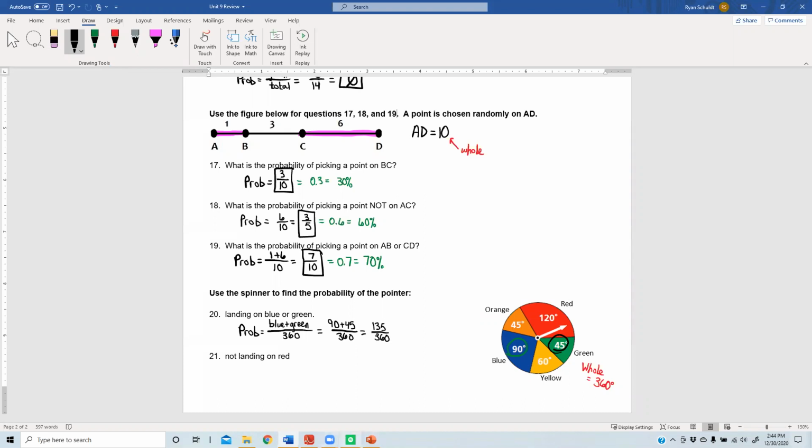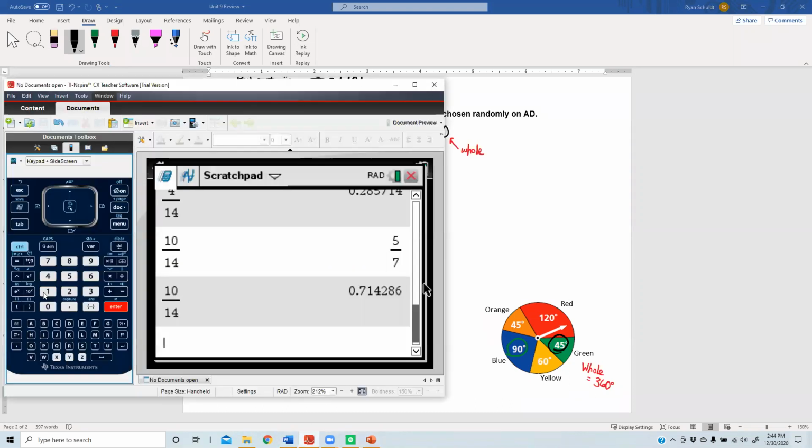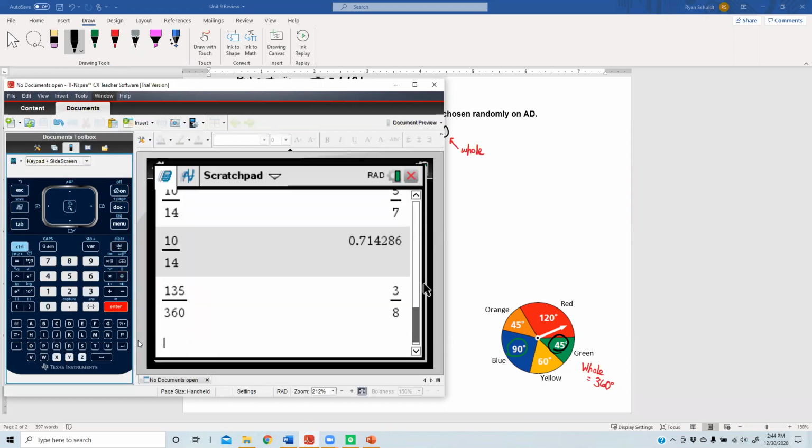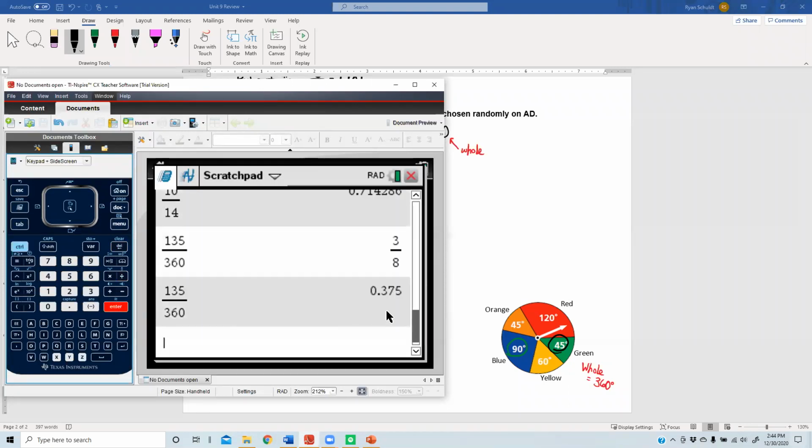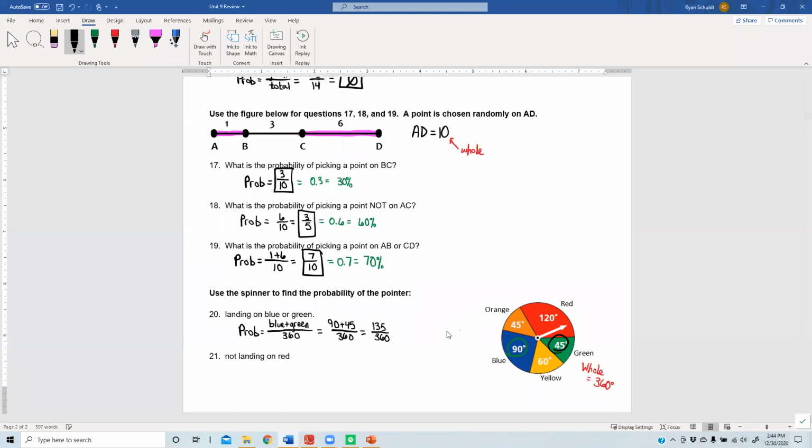Now let's see what the calculator says that reduces to. 135 divided by 360. 3/8, which is 0.375. So 3/8 is our fraction, which we certainly could stop there, or we could say that's 0.375, which is 37.5%.